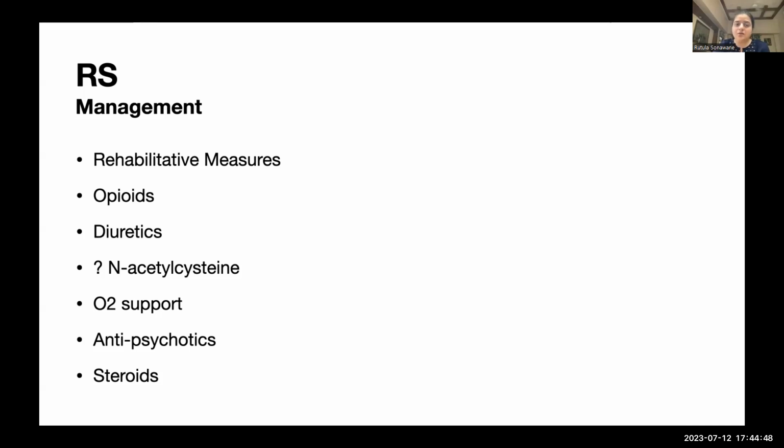N-acetylcysteine. So basically, it will help thin out the secretions, and it also has an antioxidant property. So that also helps with your overall breathlessness. It is quite helpful especially for patients who have a lot of thick secretions. It helps you thin them out so that they cough it out properly.